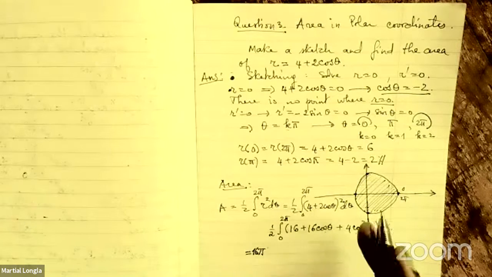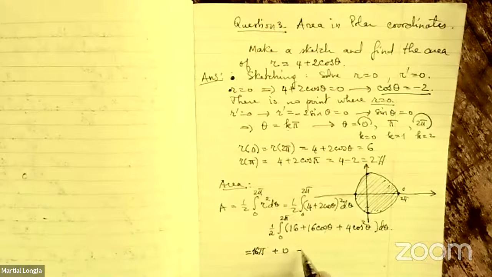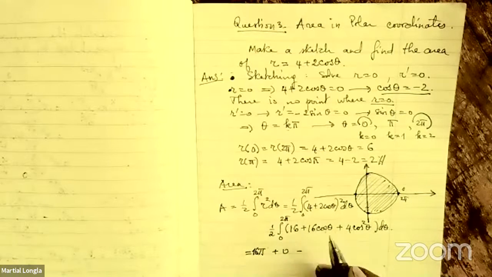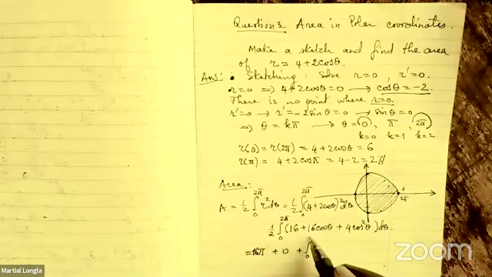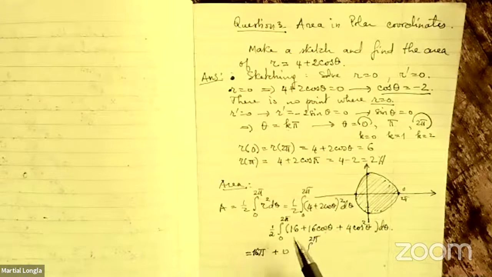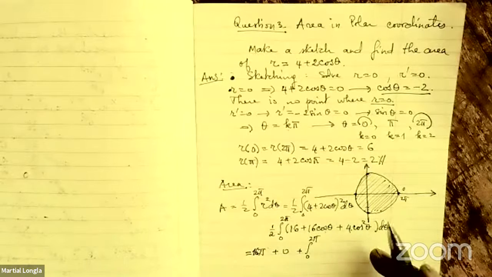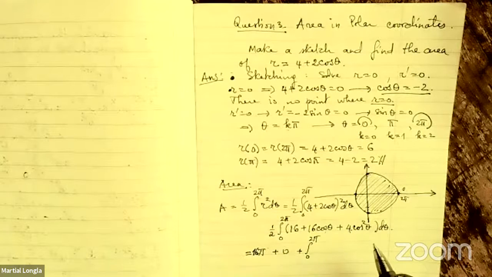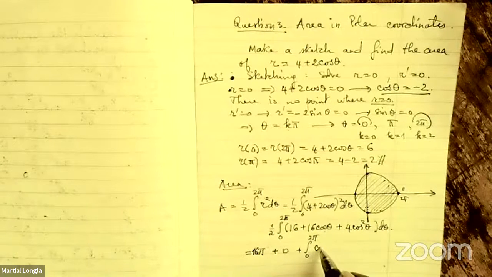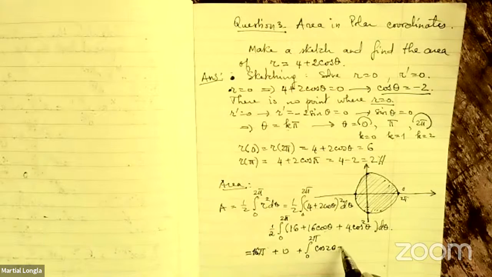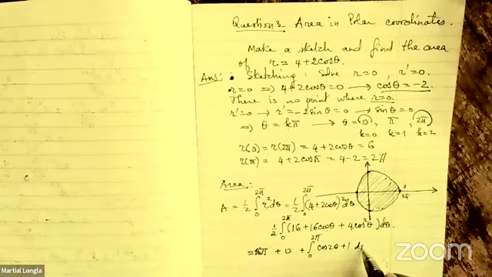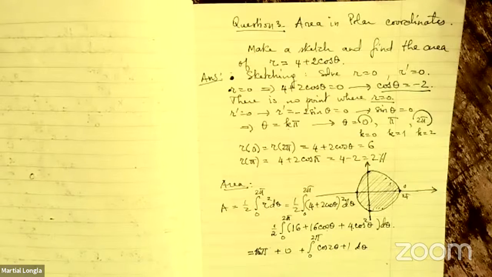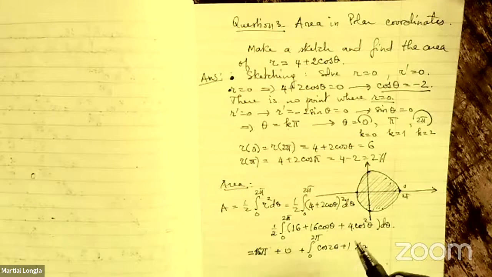When you plug in 0 and 2 pi, you get 0. Then you take the integral of the other part, 2 cosine squared, integral 0 to 2 pi. 1/2 and 4, that's 2. 2 cosine squared theta is cosine of 2 theta plus 1 d theta. That's a double angle formula that we used last time.